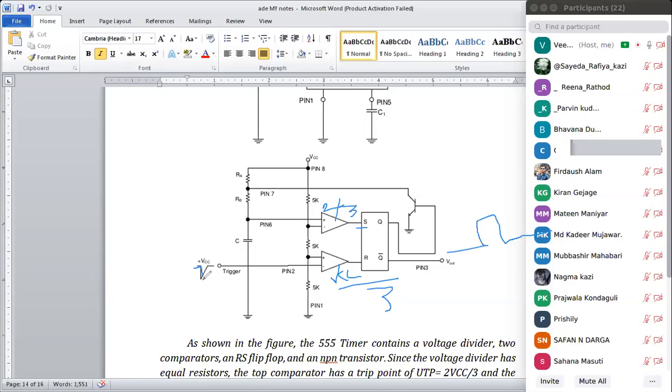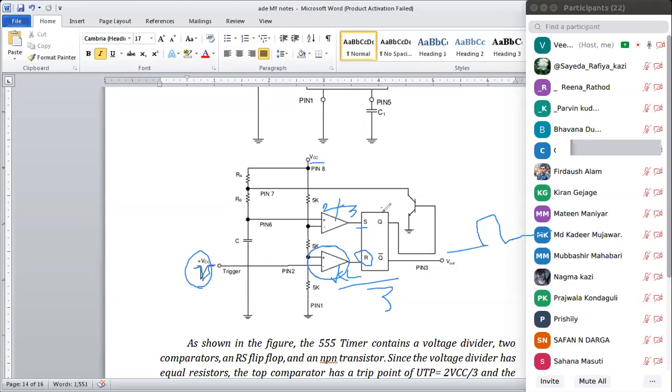That is done based upon this trigger. If I trigger, what will happen? This comparator will compare the voltage of VCC by 3 with this triggered input. It will reset the SR flip flop.